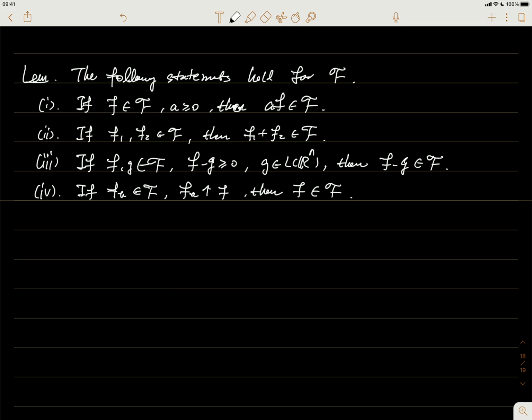Okay, so those are the four properties of this set F. That means it's closed under these kinds of operations.